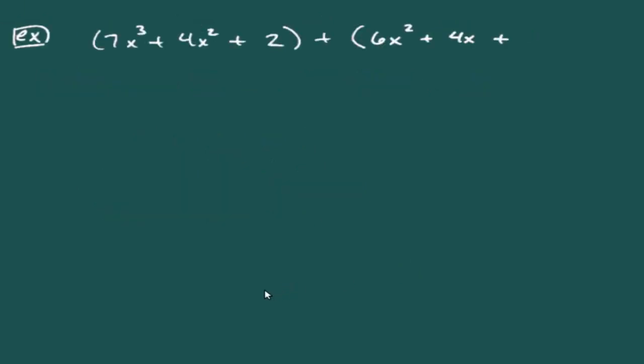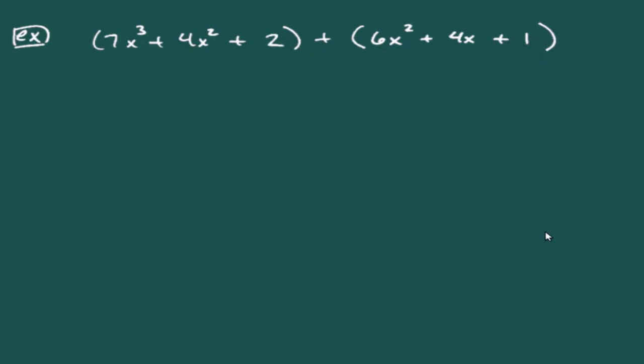And so if we want to put them in columns, then it's probably best for all the powers to be there, even if they're not necessarily written there in the original problem. And that's kind of what we see in this example. So suppose we've got our 7x cubed plus 4x squared plus 2 plus 6x squared plus 4x plus 1.